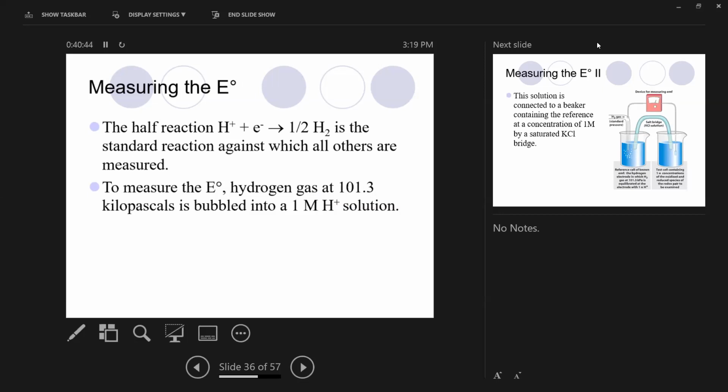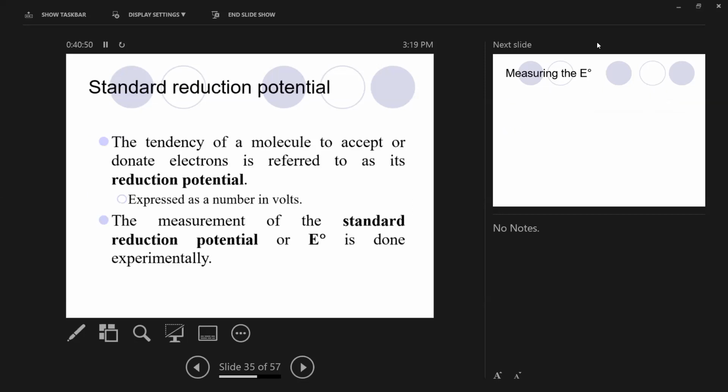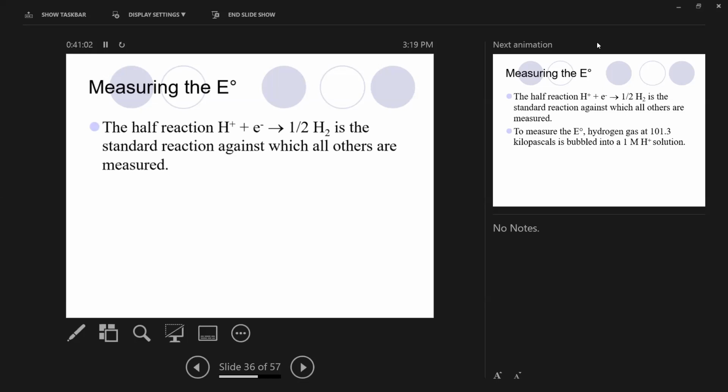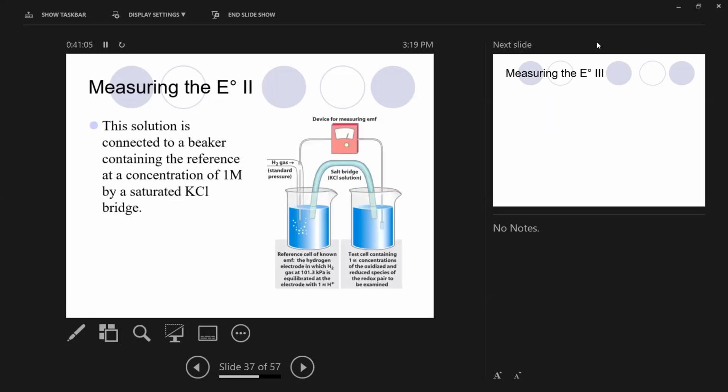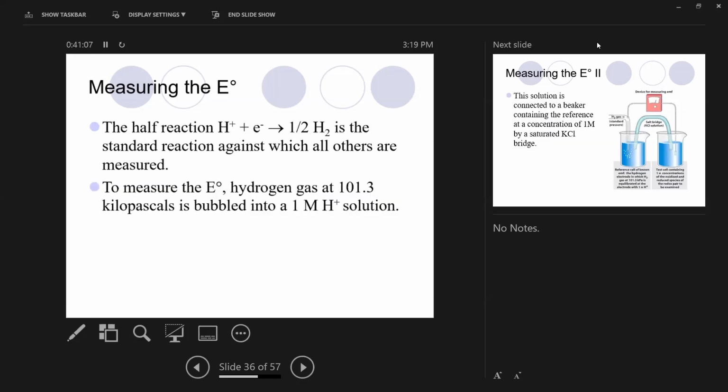So then for biochemistry, we have a biochemical standard reduction potential, and that has an E with a degree and then a little prime. And those are also experimentally derived, except instead of at pH 1 molar, it's going to be at pH 7.